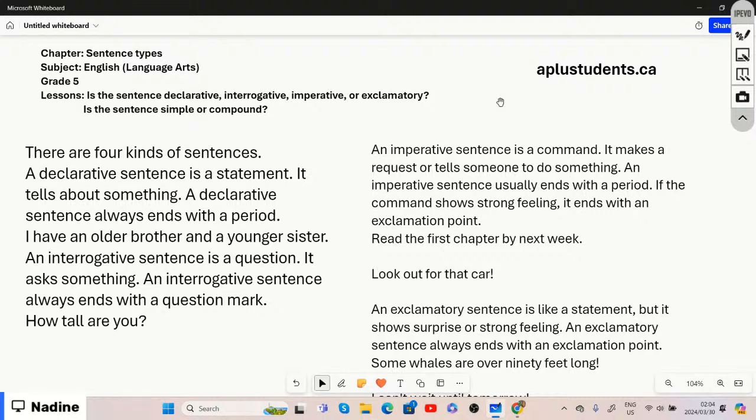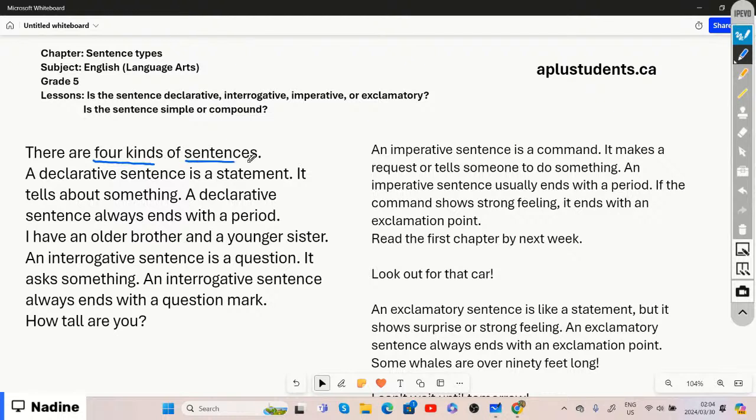We have a declarative sentence. A declarative sentence is a statement. It's like you randomly telling someone something.